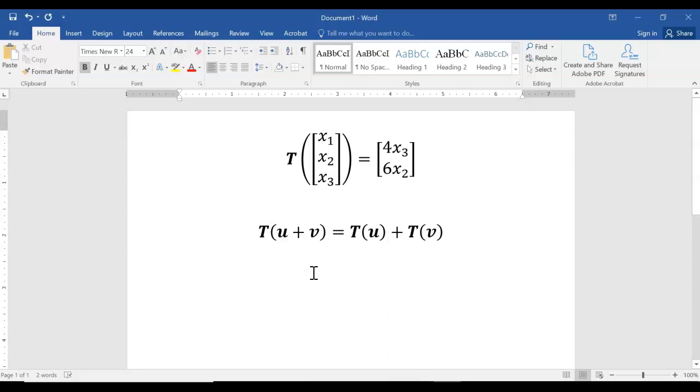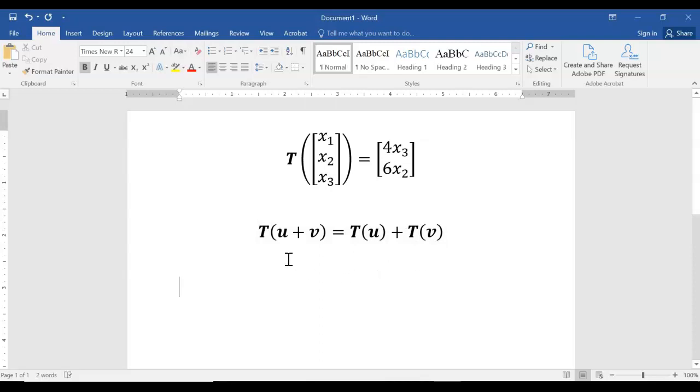There's a couple of different approaches. Some people like to plug in an arbitrary u and an arbitrary v into this one, and then simplify it, and then plug in the same arbitrary u and the same arbitrary v into this one, and then simplify it, and show that the two sides are equal.